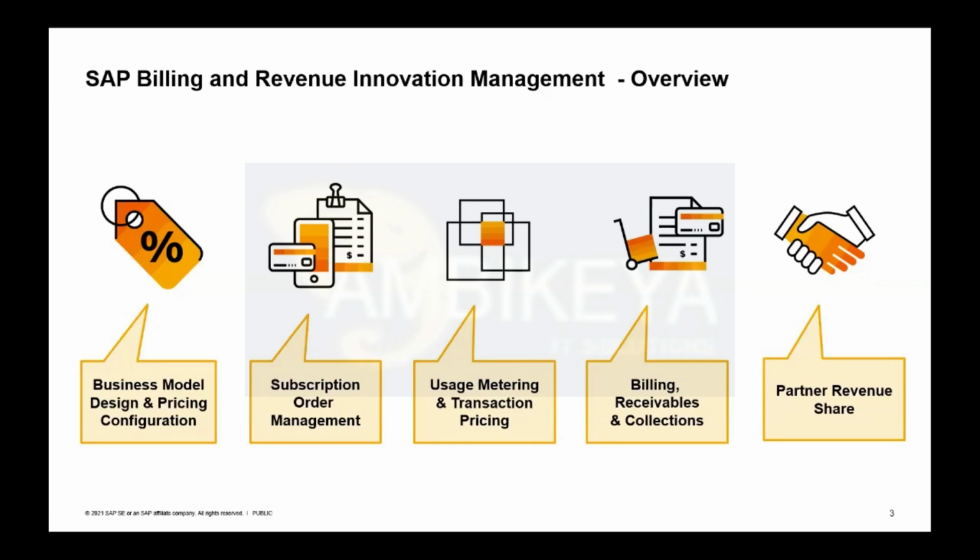That's the reason why BRIM is used in so many different industries and why it's so flexible. But all in all, we use BRIM if we don't have inventory goods like hardware. Hardware is still sold via the sales and distribution part. But we use BRIM if we have subscriptions and consumptions, which are used in a lot of business use cases.